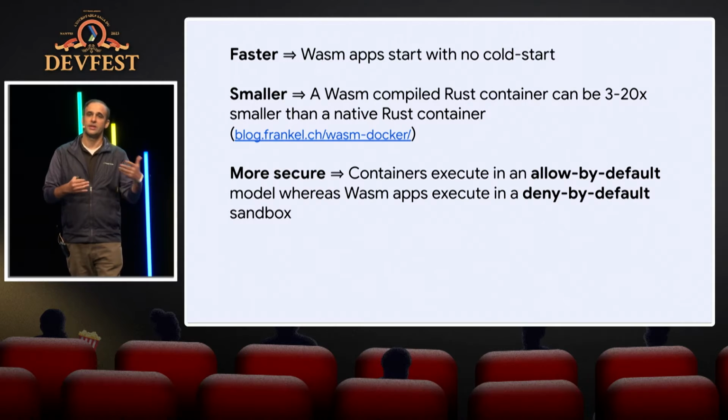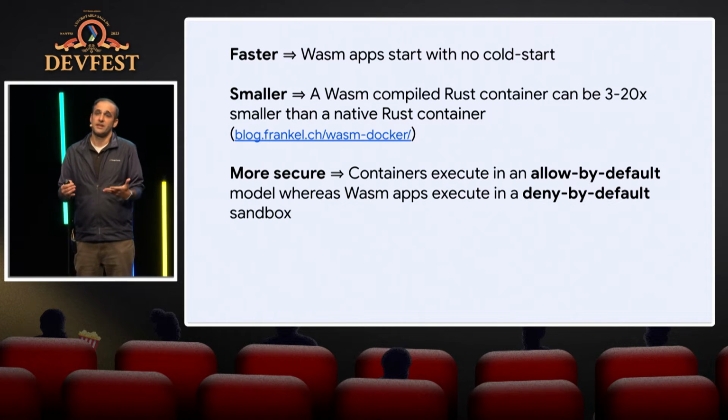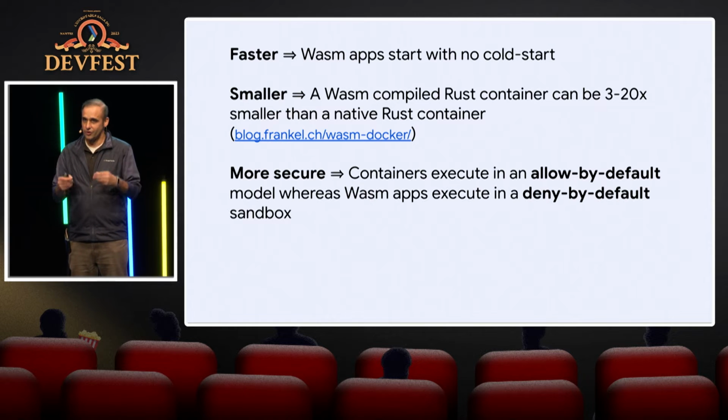The sandbox is basically literally nothing allowed. If you want to allow something, let's say there's a function in your Wasm module that you want to expose to the outside world, you need to export it. Or if your Wasm module has to access the file system, the runtime has to enable that. Because of this policy, it's more secure because you can't mess it up. By default, it's not going to work, so you need to figure out what you need to enable.